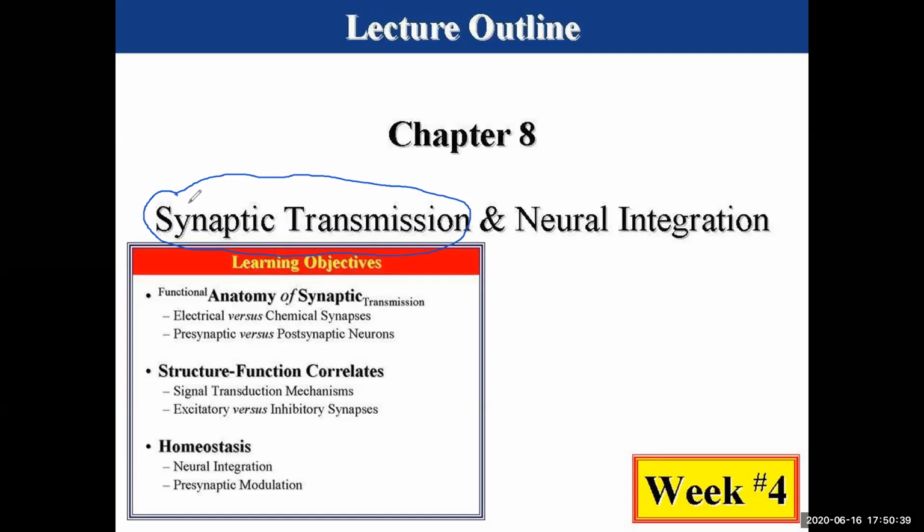So when we talk about synaptic transmission for the rest of the semester, we imply interaction, communication between at least two neurons, presynaptic neuron, postsynaptic neuron. And once we talk about synaptic transmission, meaning communication between neurons, it gives rise to something amazing. We call that integration, neural integration.